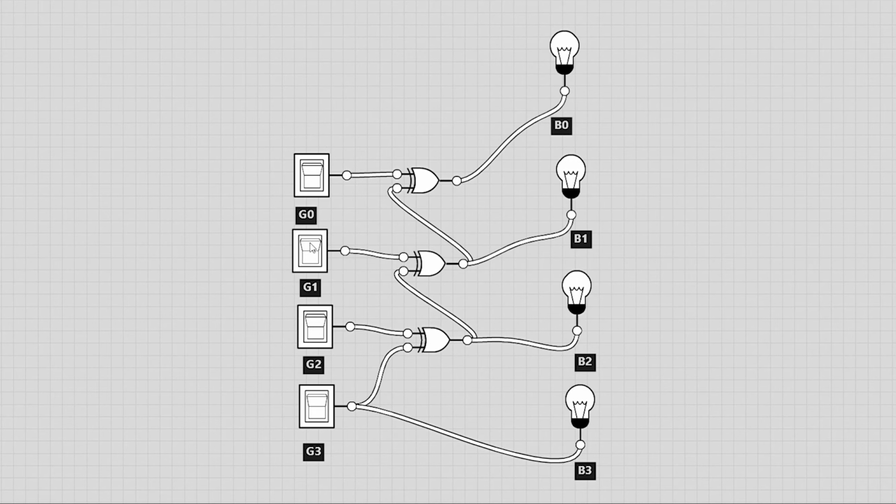When the inputs are G3 is 0, G2 is 0, G1 is 0 and G0 is 1, the outputs are B3 is 0, B2 is 0, B1 is 0 and B0 is 1. And when the input G2 is 1 and G0 is 1, the output B3 is 0, B2 is 1, B1 is 1 and B0 is 0.